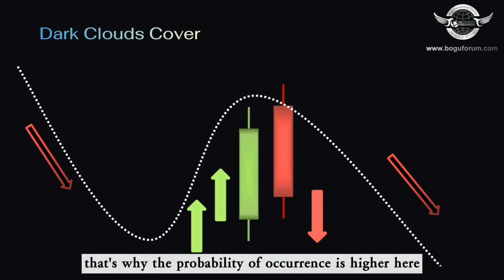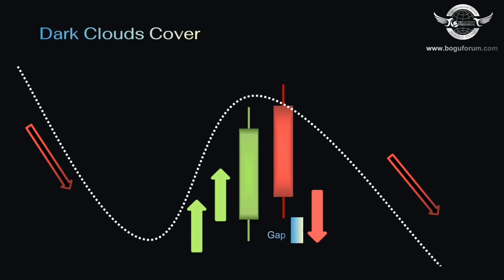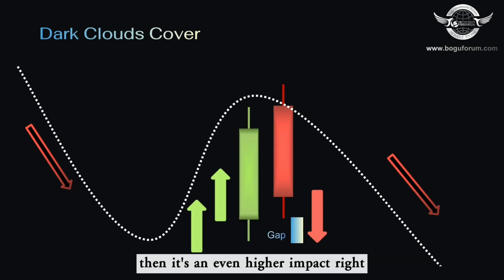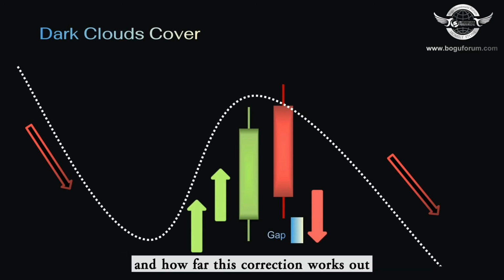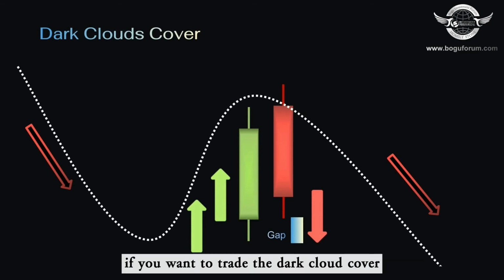That's why the probability is higher here. And of course, if you also have a gap, maybe here, then it's an even higher impact. It's like a real reversal or the beginning of a correction, but then you don't know how long it lasts and how far this correction goes. So that's the case if you want to trade the dark cloud cover.